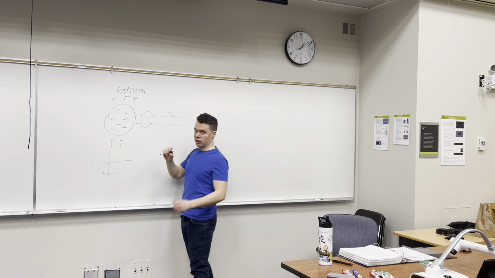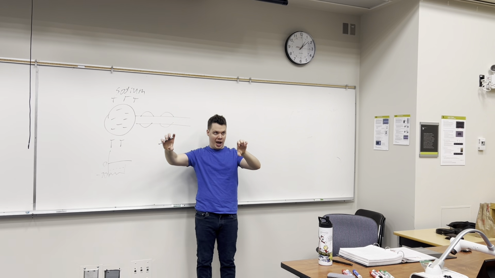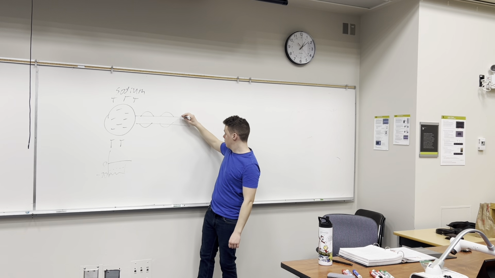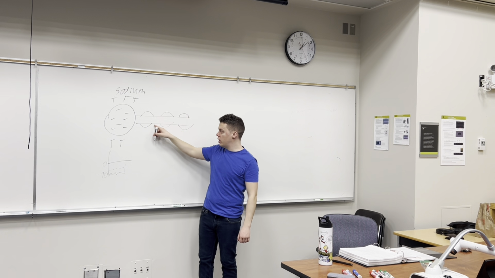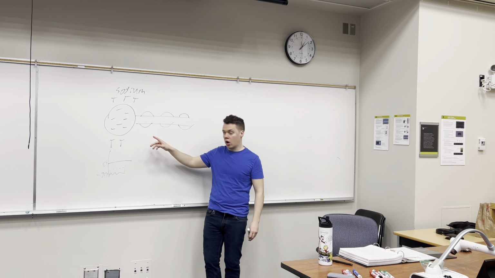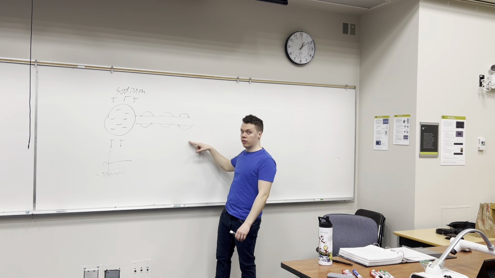The myelin sheath is those bits of fatty tissue around the axon. They make the charge go faster. The little gaps in between the myelin sheath are called the nodes of Ranvier. So what the charge will do is jump across the myelin sheath and go to the nodes.